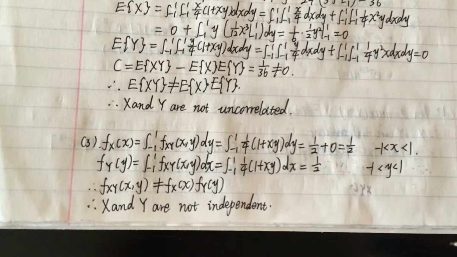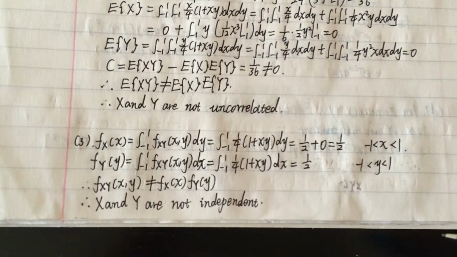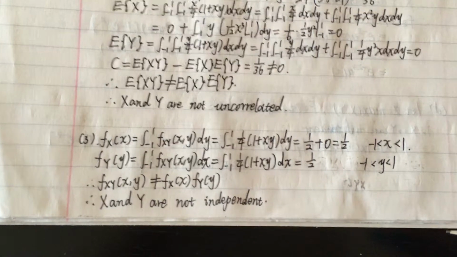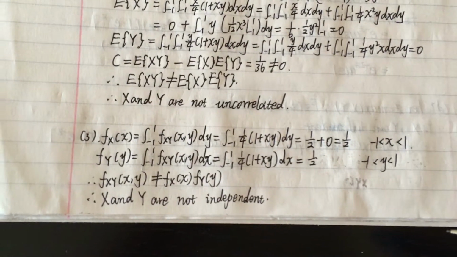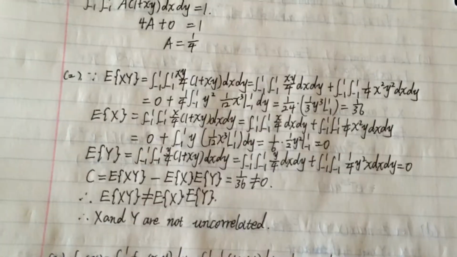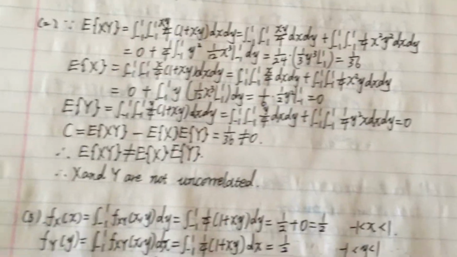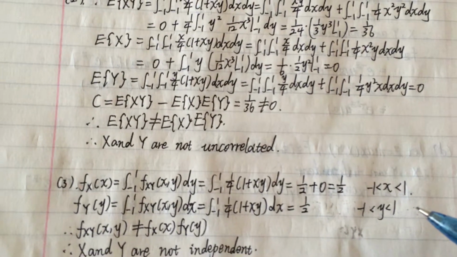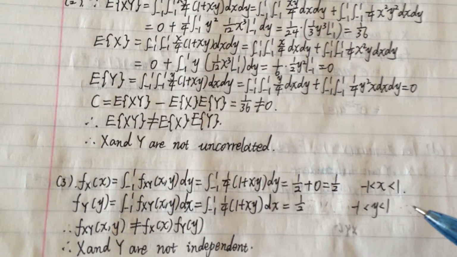If they are independent, the joint density function equals the density function of x times the density function of y. So we first get the density function of x.